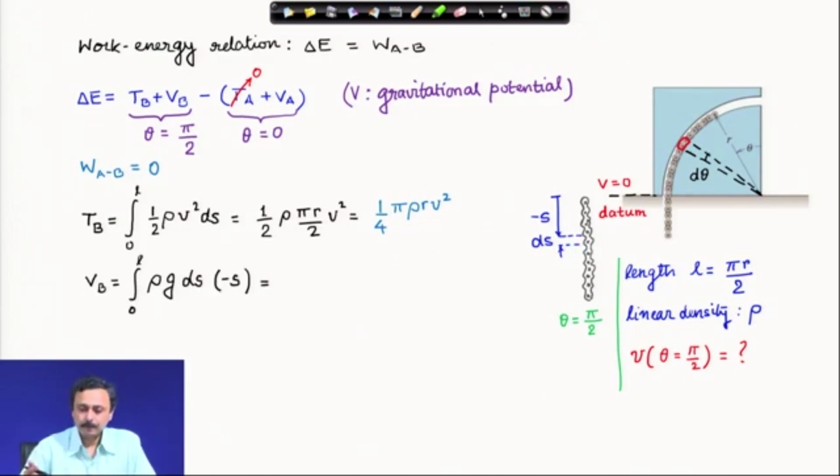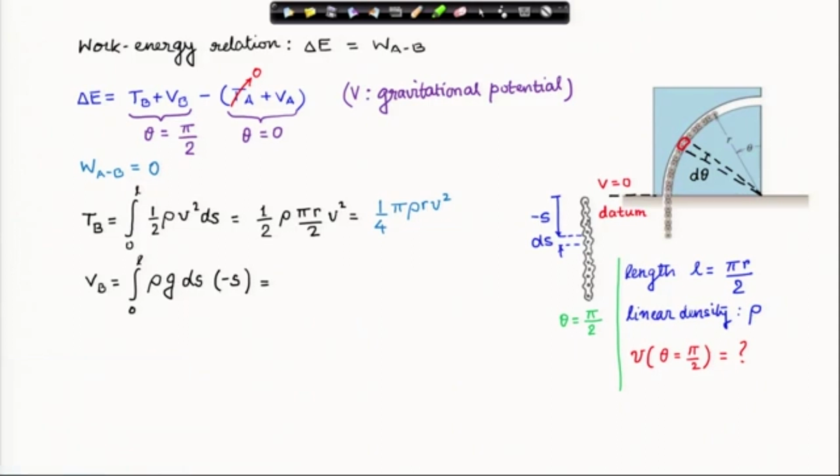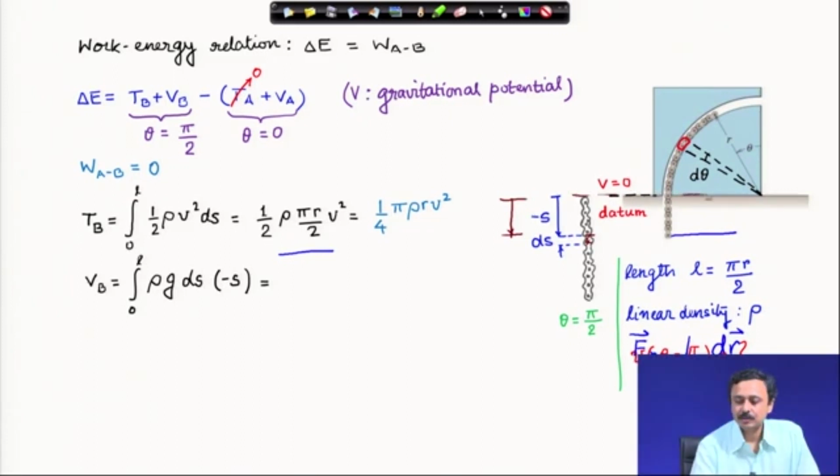Potential energy at position B. Again, imagine this little element which is at the depth minus s from the 0 datum. I have taken this horizontal line as the datum where V is 0, and to calculate potential energy of this little element which I have shaded, I have to look at the displacement from the datum, and m g y as you know.